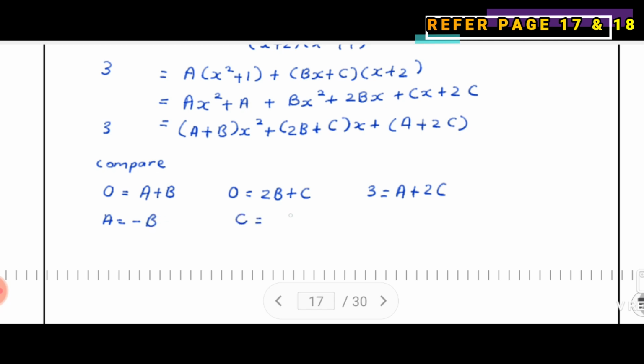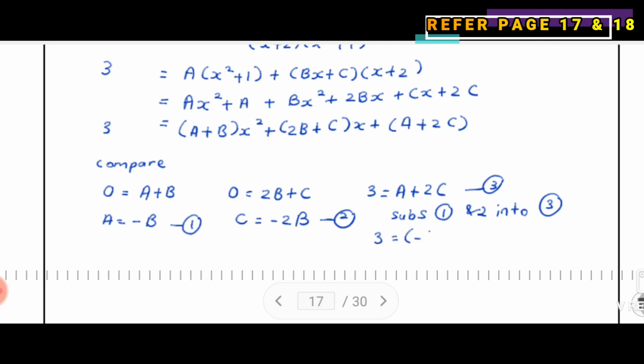Let c be the subject, we have negative 2b. So this will be our first equation, and this the second equation. Substitute equations 1 and 2 into 3. So 3 equals negative b plus 2 times negative b.